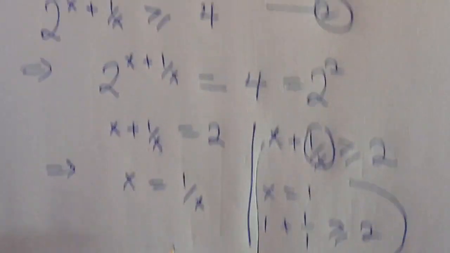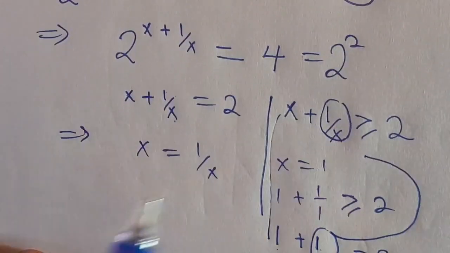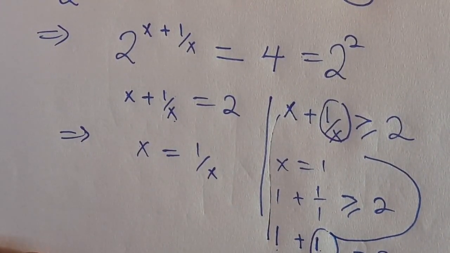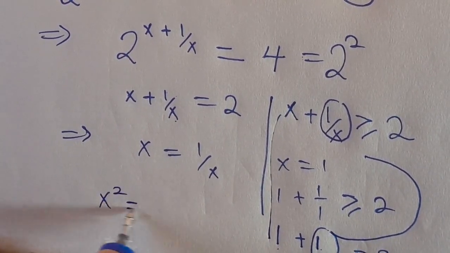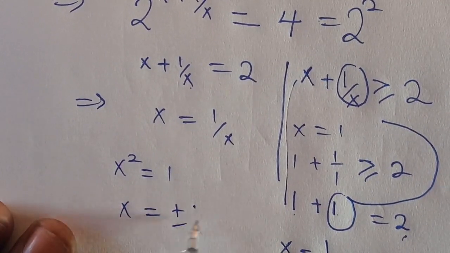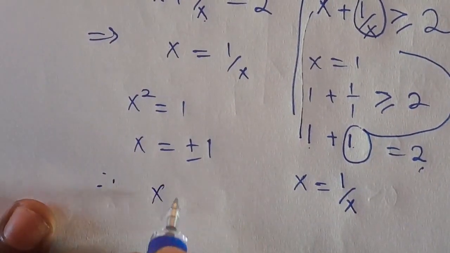And that's why we say for us to have x + 1/x equal to 2, this implies that x equals 1/x. And so therefore, when we multiply through by x, we have x squared equals 1, and we have x equals positive or negative 1, and we are going with the positive. So therefore, our x equals 1.